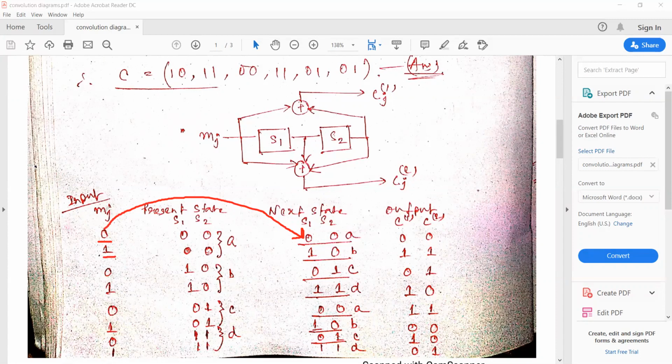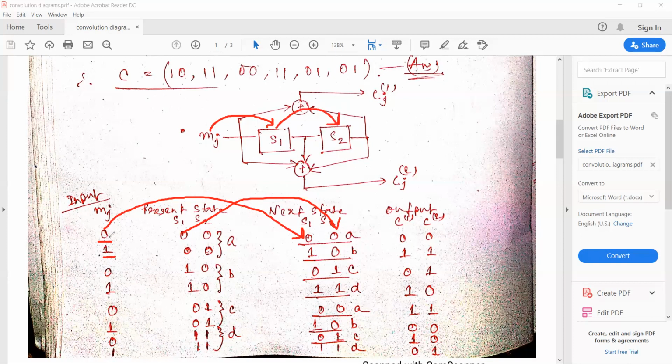Very carefully listen. This is my present state 0, 0. When the new bit comes, this 0 will be right shifted to S1, and the bit that was present at S1 will be right shifted to S2. Because this is a right shift register, the previous value of M will be shifted to S1, and the value of S1 will be right shifted to S2.